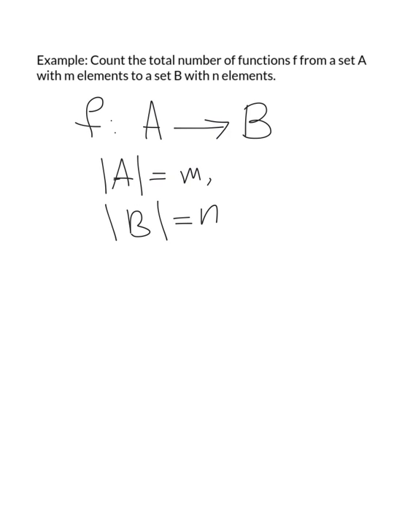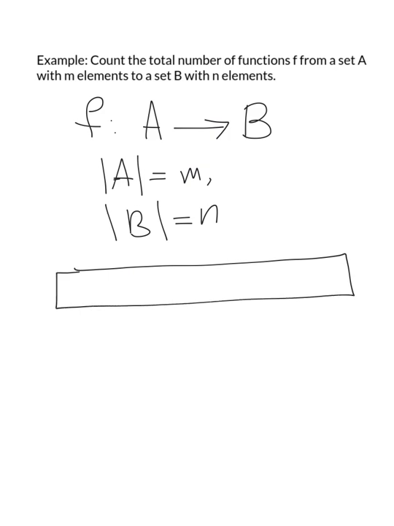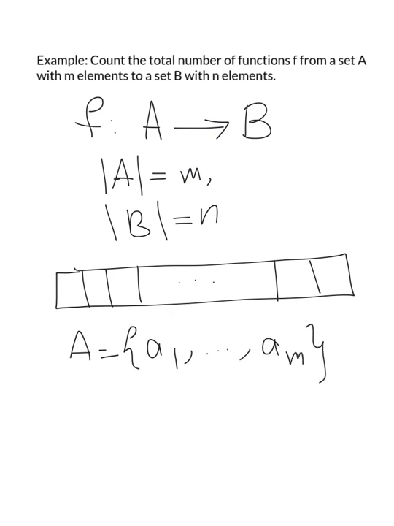Now it seems at first a little hard, but it's actually exactly the same as we did in the previous examples. I will again draw my positions, and this time I think of these as showing my function or defining my function. So let me first write A as A1 through Am, and I want to write out my function like the following.